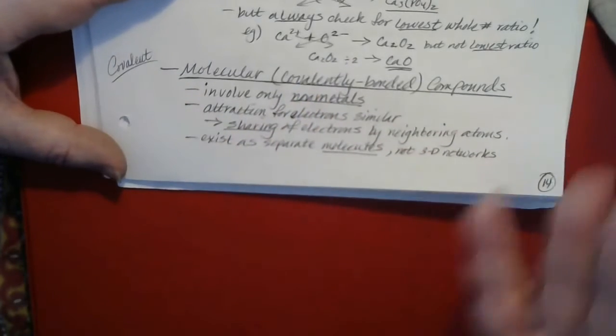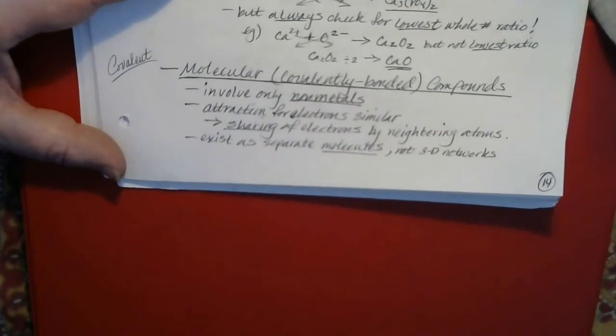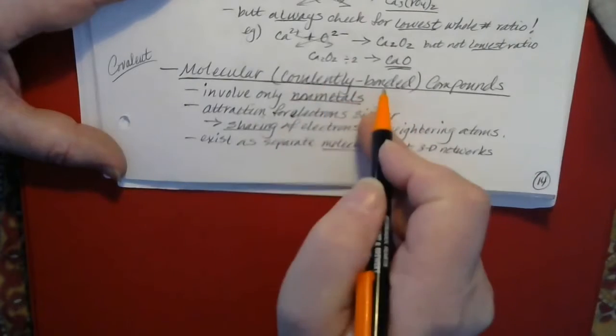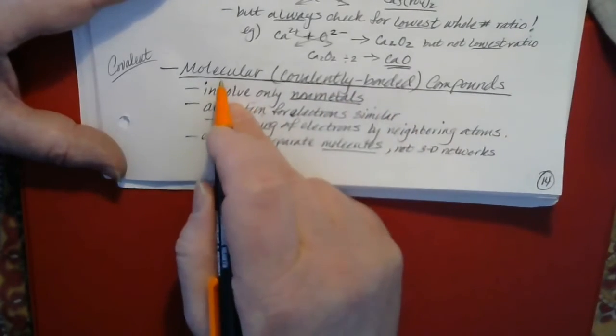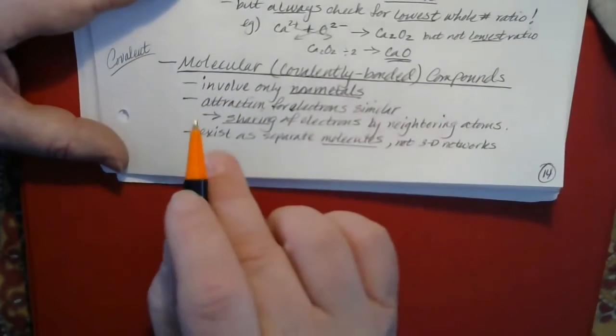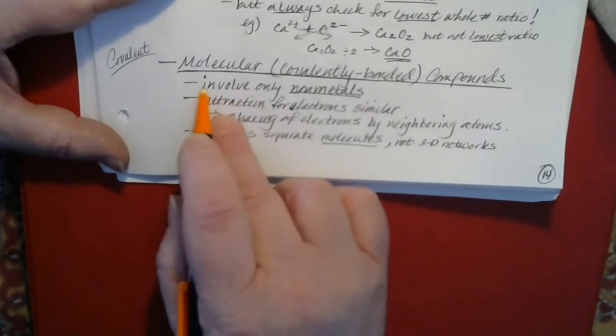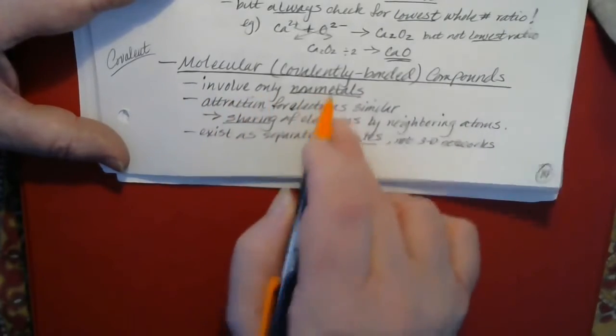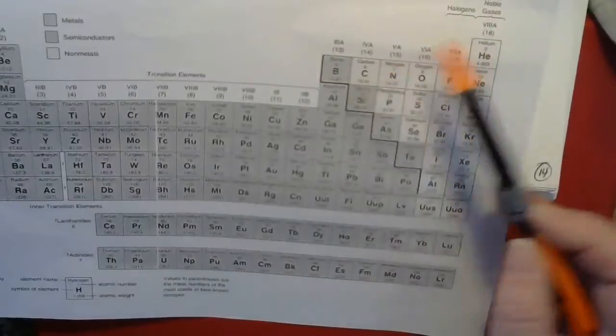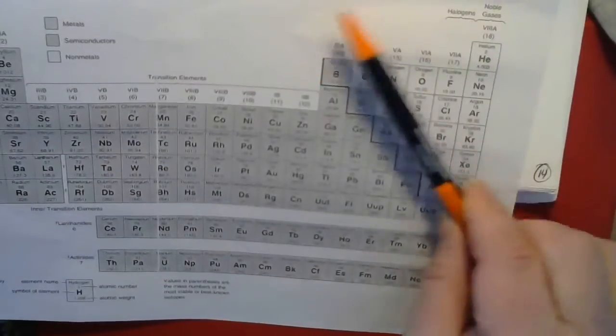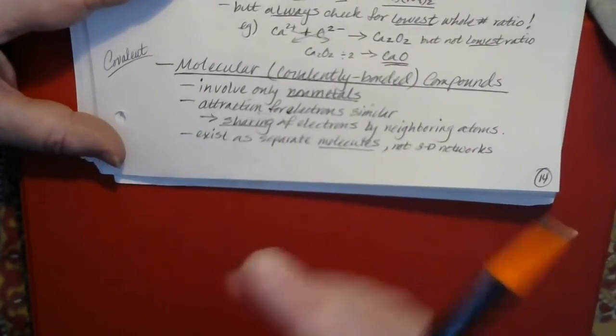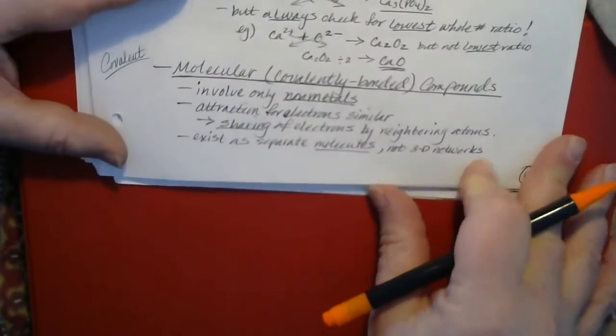So if I talk about covalent compounds, I really mean covalently bonded compounds, or in other words, molecular compounds. These compounds involve only nonmetals. And remember, there aren't very many nonmetals in the periodic table. Basically, these elements in the upper right-hand corner and hydrogen. That's it.